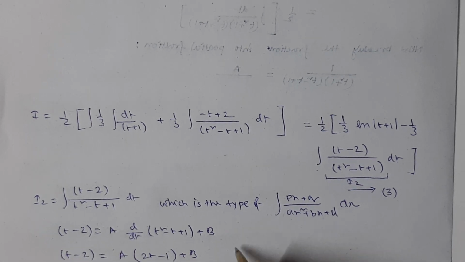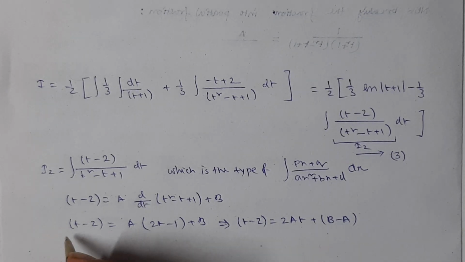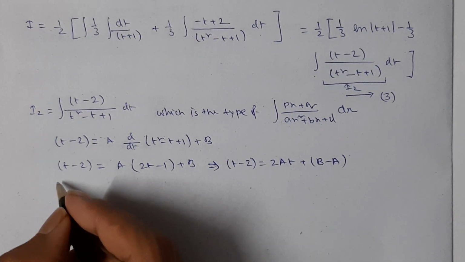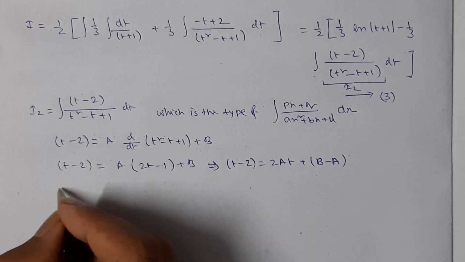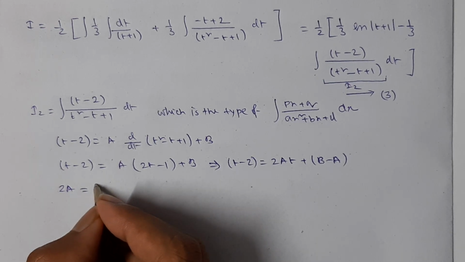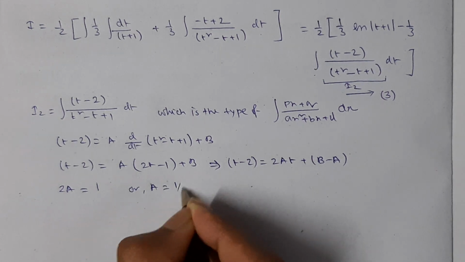So t minus 2 is equal to 2a t plus b minus a. This implies we get the values: 2a is equal to 1, or a is equal to 1 by 2.